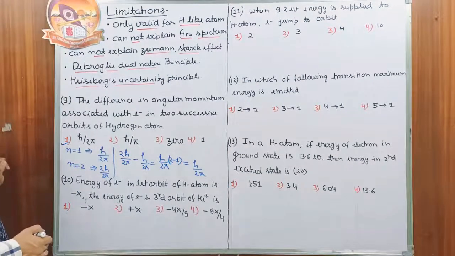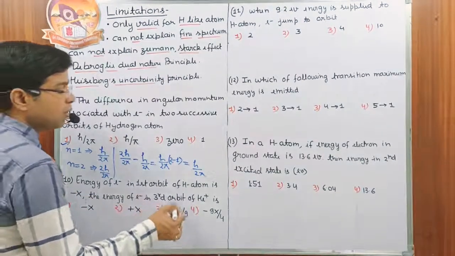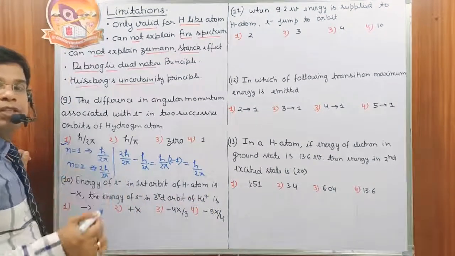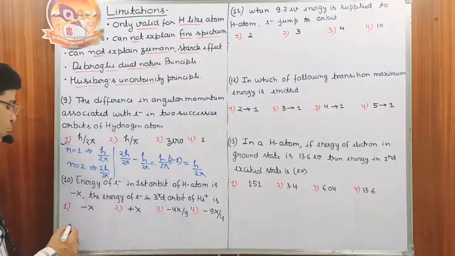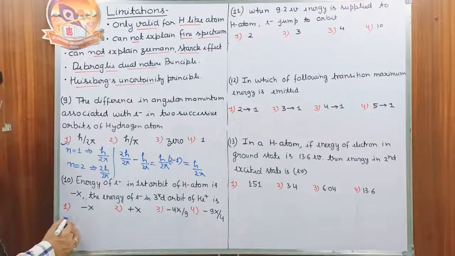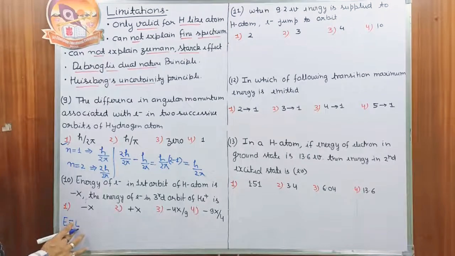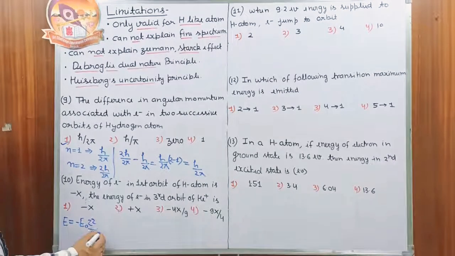Next, question number 10: the energy of the electron in the hydrogen atom is minus x. We have to find the energy of the electron in the third shell of He plus. We have the formula: energy is equal to minus E0 z square upon n square.